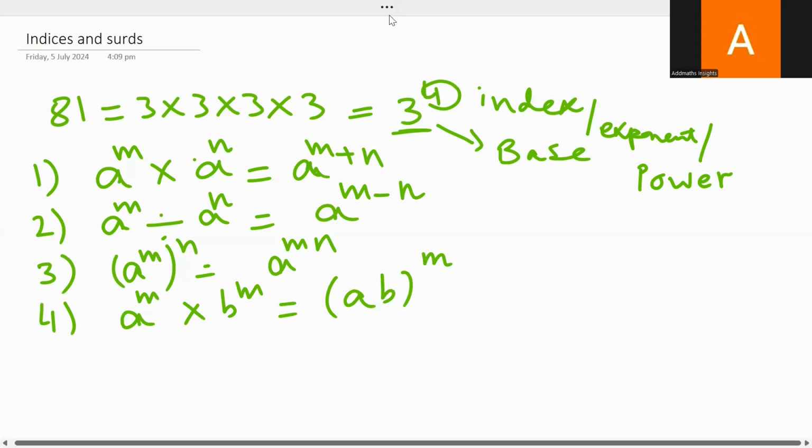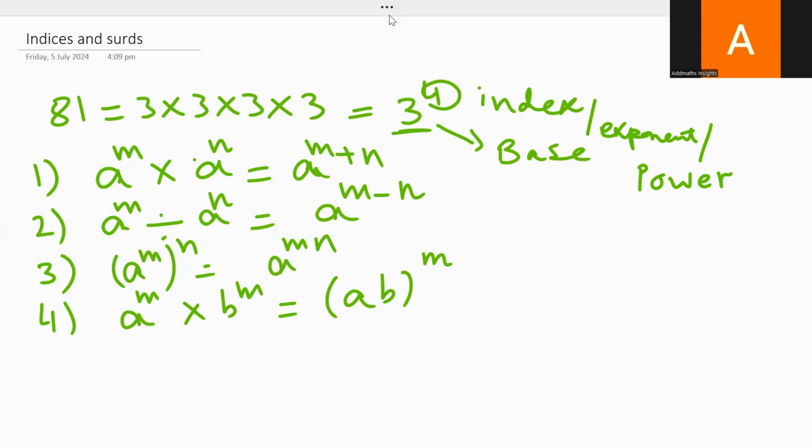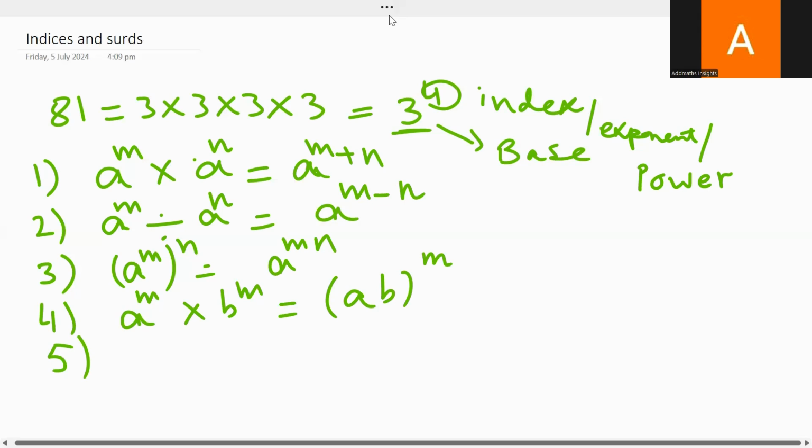Like a^m times b^m is (ab)^m, you multiply a with b and the whole is raised to the power m. The same rule is applicable for division: (a/b)^m.